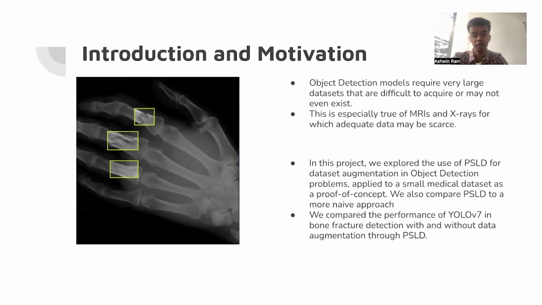In our comparative study, we've leveraged the latest YOLO V7 technology to identify bone fractures. We examined its performance both with and without PSLD, as well as comparing it to a naive approach. The results are promising, indicating a path forward for object detection in medical imaging, even when data is scarce.